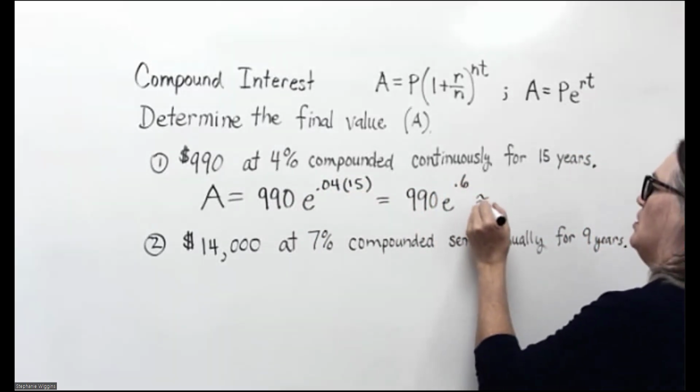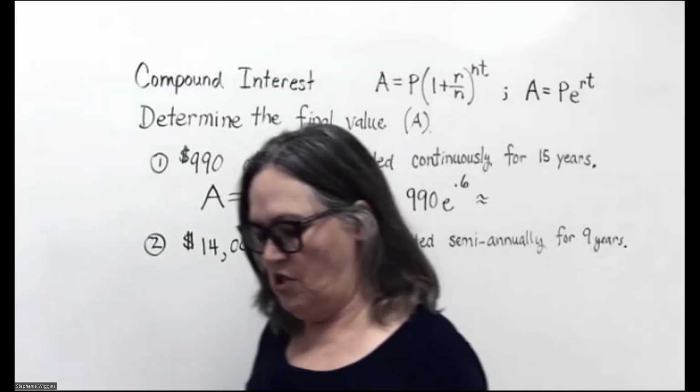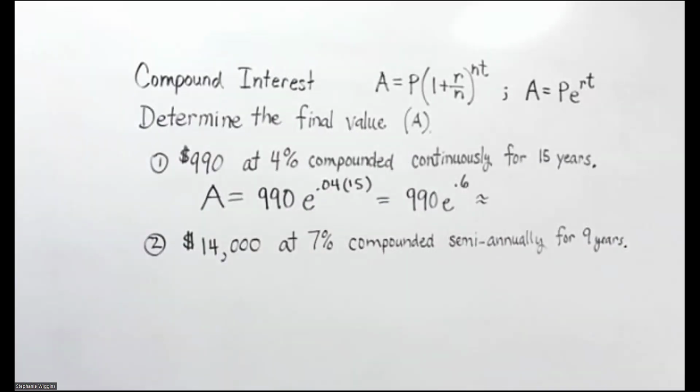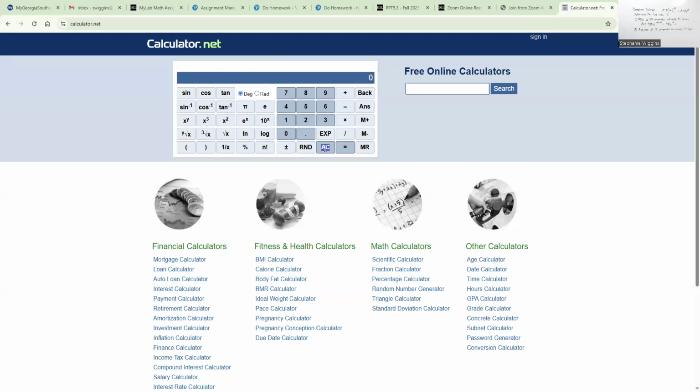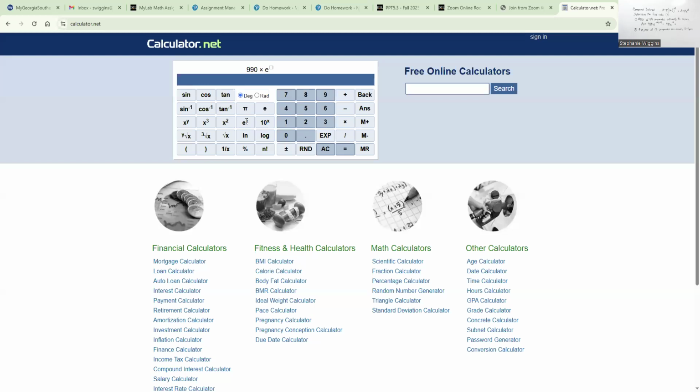And when you do that on your calculator, I'm just going to show you. So we have 990 times, here's the e function, e to the power of 0.6.